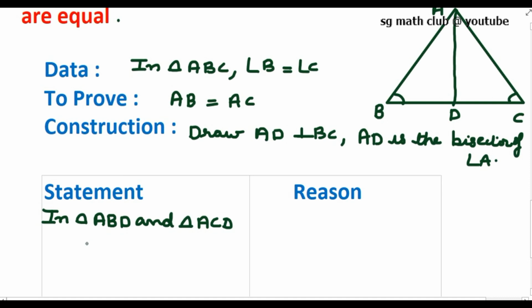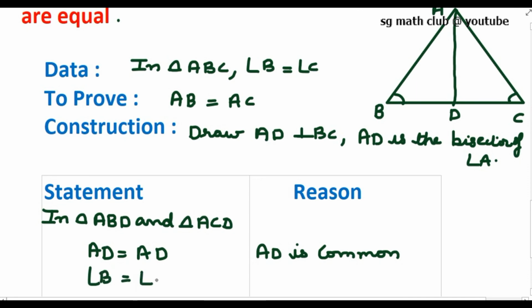So we know AD is common for both the triangles. AD is common. Again, angle B equal to angle C, it is given as data.